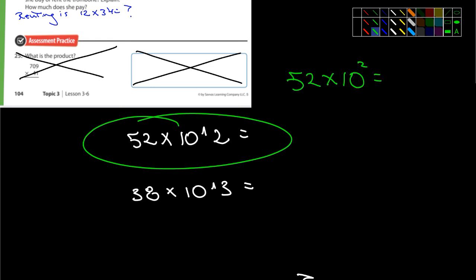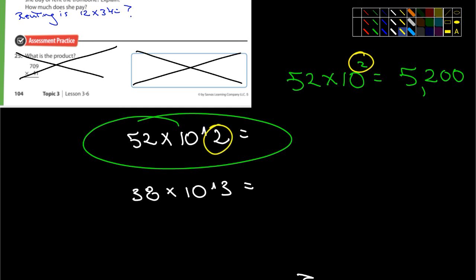It's the same thing. So don't make it harder than it is. 5,200. Yeah, 5,200. All she did was add 2 zeros to it. And she knew to add 2 zeros because the exponent is 2. Okay, put up 10 points.